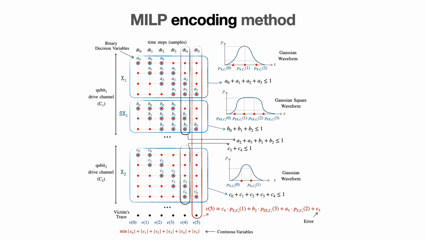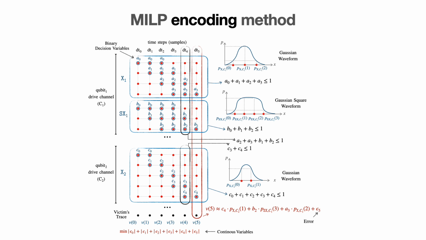For example, at time step dt0, a candidate gate x1 is applied on channel 1, and its pulse contributes to dt1 and dt2 since its pulse waveform has a duration of 3. The other possible cases where the gate can start at are dt1, dt2, and dt3.